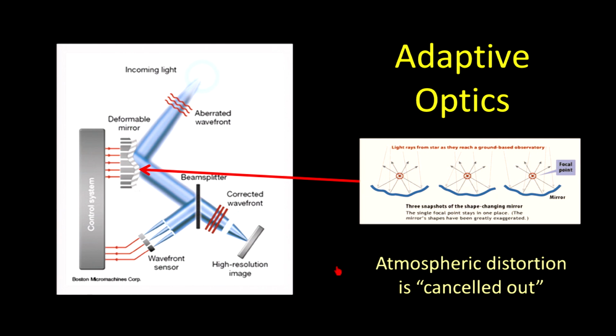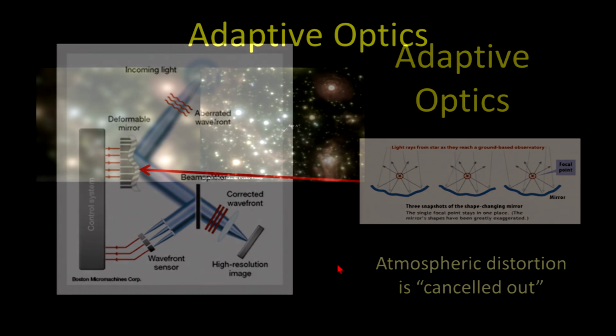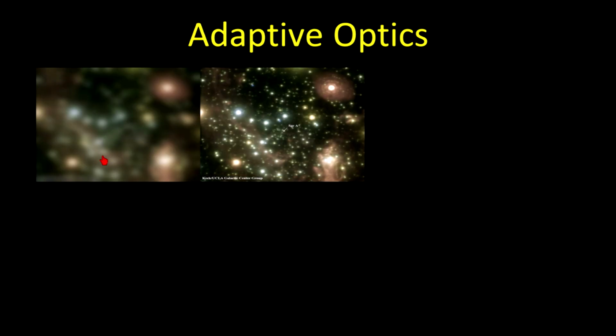The distortion of the atmosphere gets canceled out, and the images are quite spectacular. Here's a before and after. So this is the best resolution, or the clearest image you could take without adaptive optics. If you then make the system turn on, you now employ the adaptive optics and the deformable mirror, notice the clarity change.